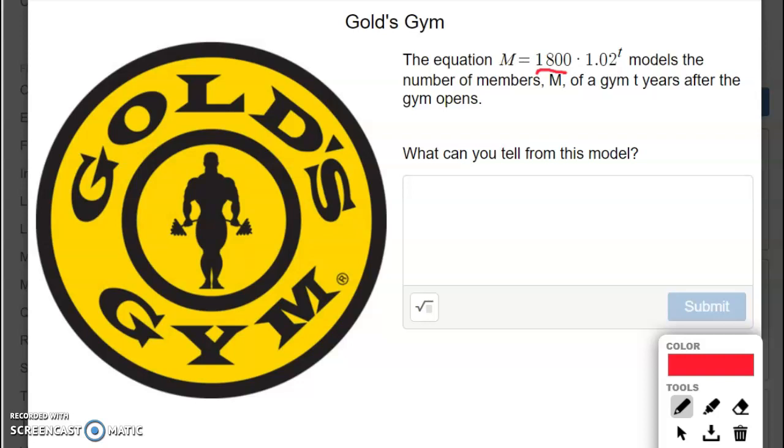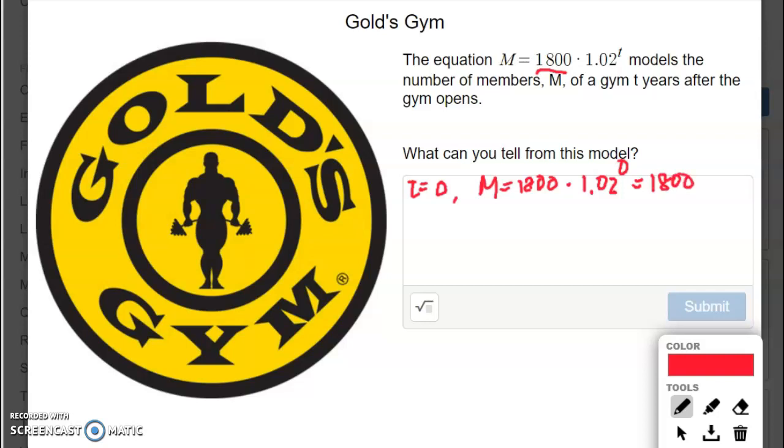Or you can think of it as, in the beginning, t is equal to 0, so m is going to be equal to 1,800 multiplied by 1.02 to the power of 0. But I know that anything to the power of 0 is just 1, so that just comes to 1,800 members.